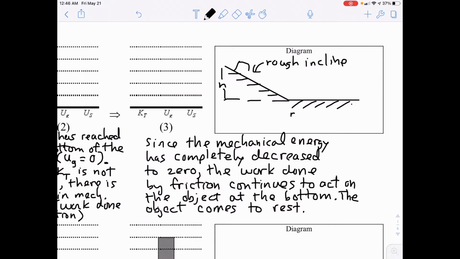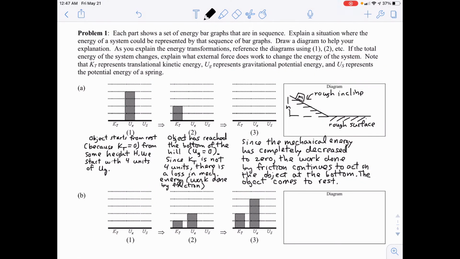And I'll just draw a block on there, that's fine. Rough incline, and this part right here would be a rough surface. So both rough surfaces, but this scenario would describe the total mechanical energy of 4 units decreasing to zero.